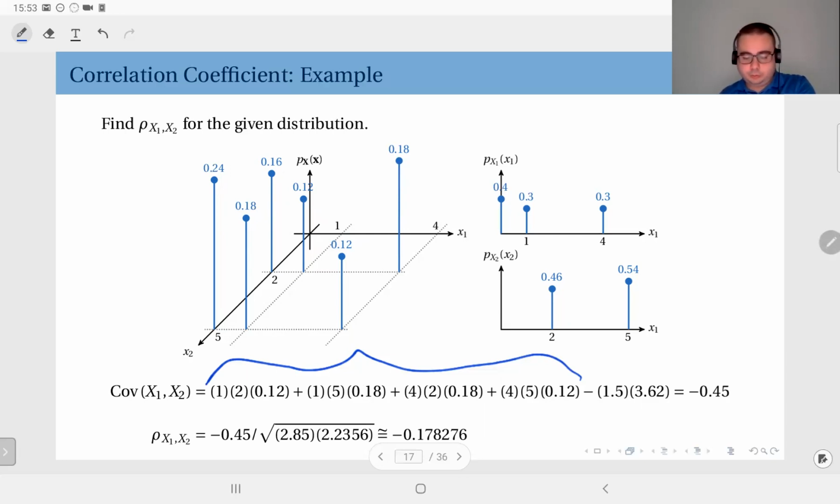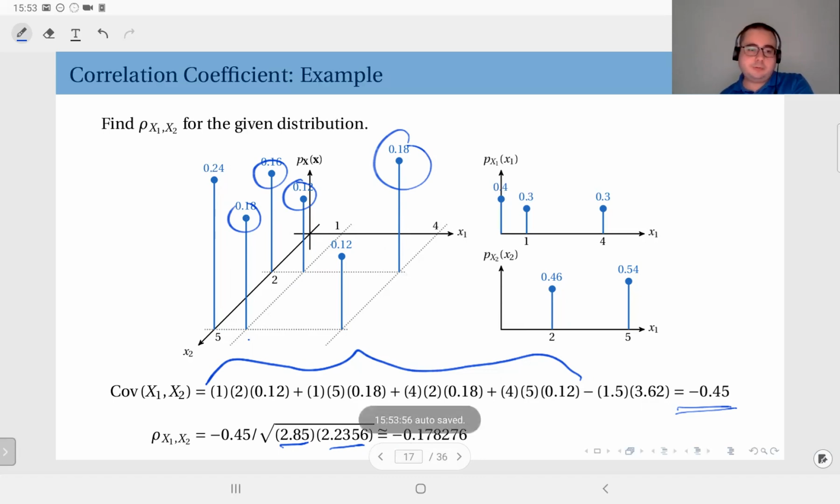I get 1 to this probability, 1, 5 this probability, 4 to this probability, and so on. You get this result, and then I need to scale this by the standard deviations, and these are the variances. Therefore, the correlation coefficient turns out to be negative 0.178 something.